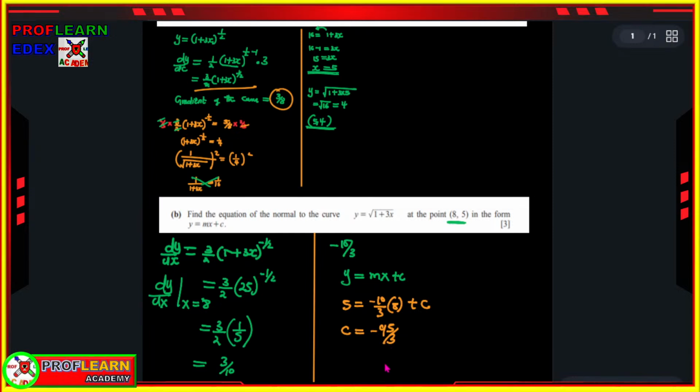So therefore, the equation of the normal in the form y equals mx plus c is y is equal to negative 10 over 3 x plus 95 over 3. Sorry, this is positive here, so we shall say plus 95 over 3. That becomes the equation of the normal.